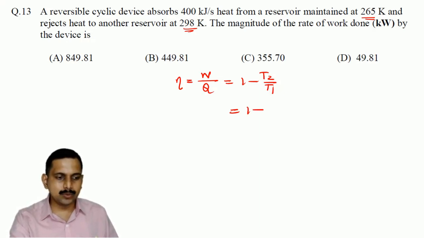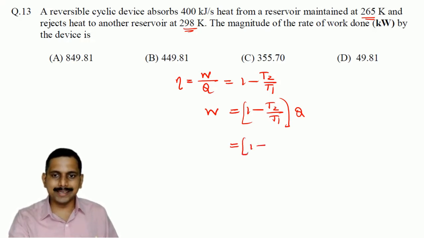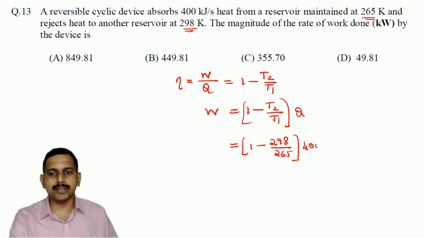Let us see what we get. Work done is equal to 1 minus T2 by T1 into Q. So here we get 1 minus 298 by 265 into Q, 400 kilojoules.